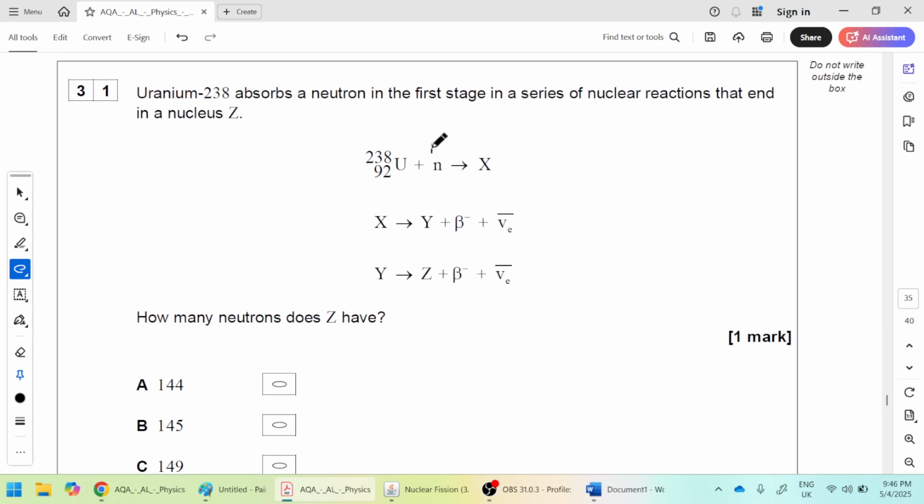Neutron has 1, 0. 238 plus 1, 239 on top, 92 on the bottom, 92. Y we don't know. B is 0, minus 1. This is 92. 92 equals 93 minus 1. 239.